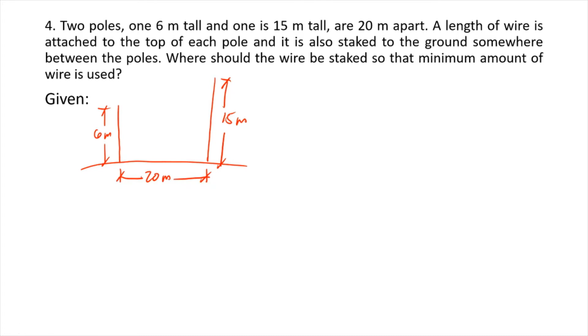A length of wire is attached to the top of each pole. They are connected by a wire at the top, and this wire is staked to the ground. This means that somewhere between the two poles, the wire is staked to the ground or driven to the ground so as to support the two poles. So this is staked to the ground.